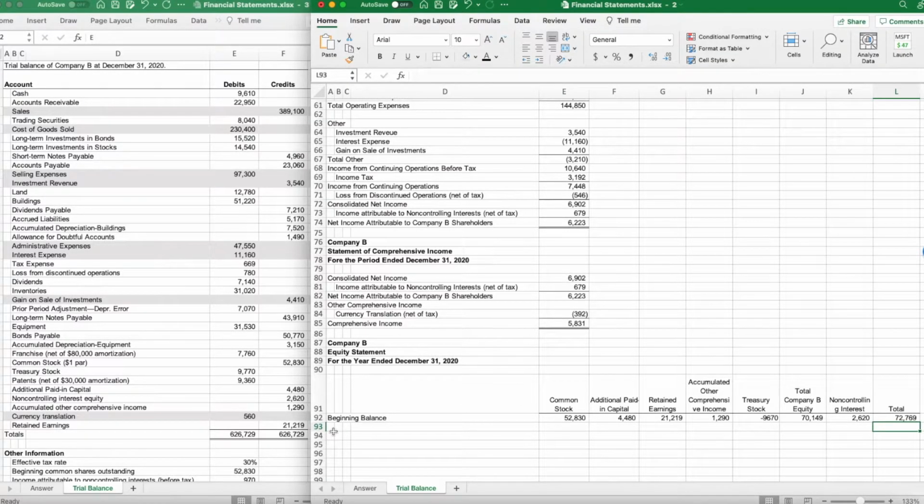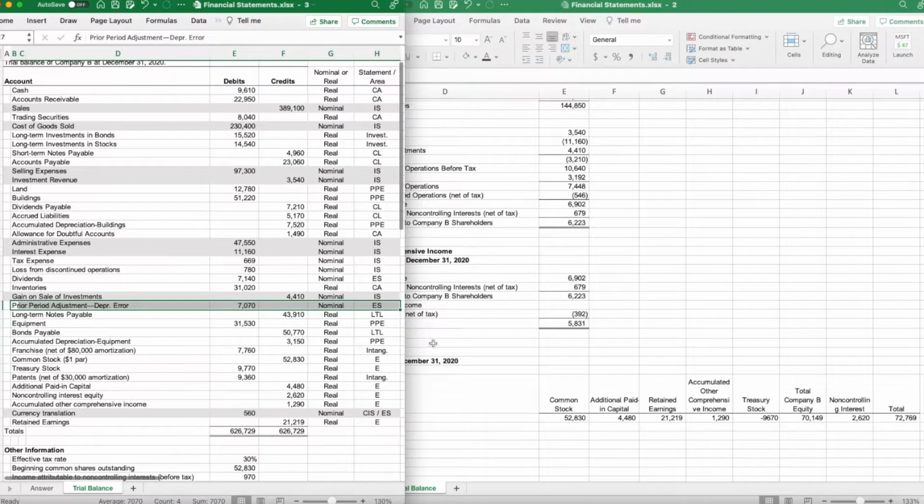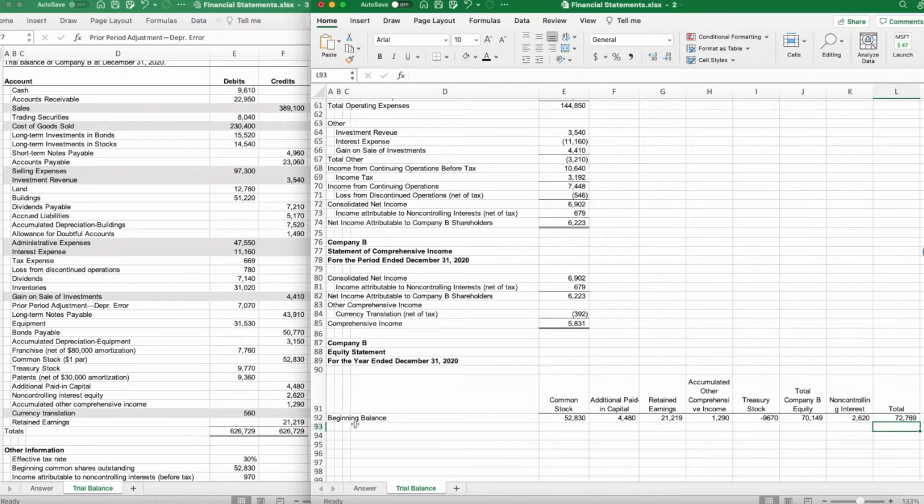Now, typically, we would now just add in our net income and dividends and other comprehensive income, et cetera, et cetera. However, if you recall, we had this prior period adjustment over here. This prior period adjustment should go into our equity statement as an adjustment to beginning retained earnings. So we have to put this in as a prior period adjustment.